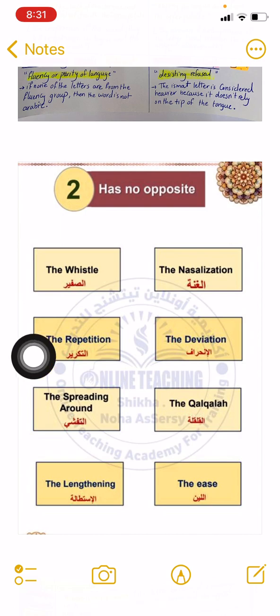The repetition or التكرار means trembling of the tip of the tongue while pronouncing the ra letter.